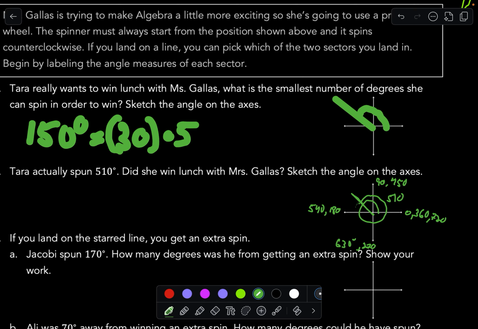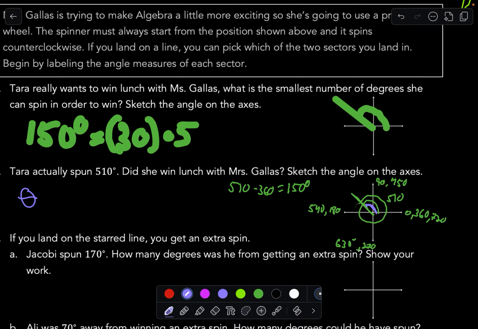The easiest way to do this is to take the angle you spun, 510, and then start subtracting 360 from it. That's 1 revolution. So 510 minus 360, using my handy dandy calculator, because it's early in the morning and I don't trust my brain, is 150. So that is the same angle that you need to win, because now that purple angle is the 150.